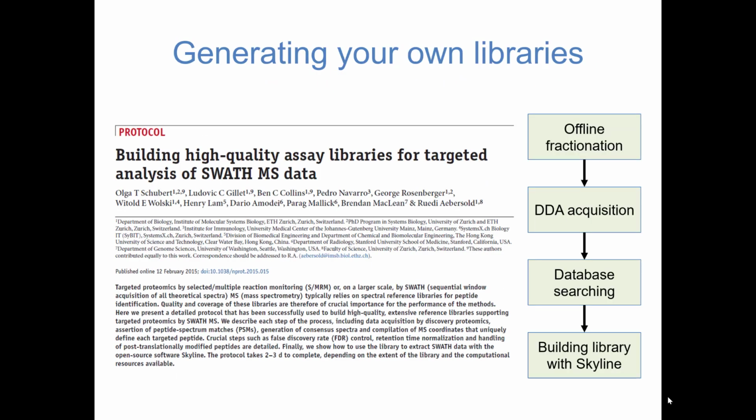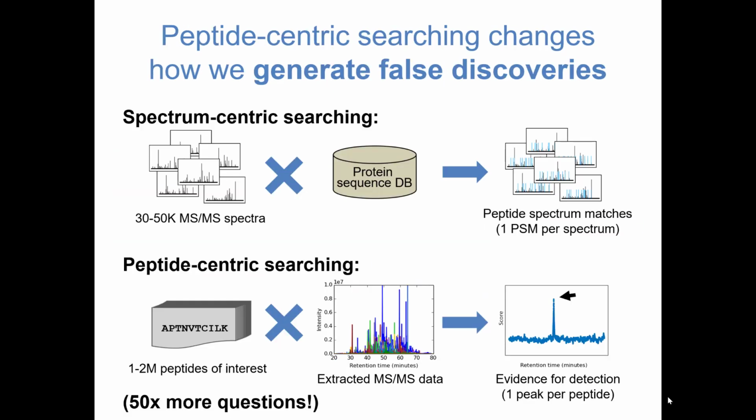One more thing I'm realizing as we're showing this, especially in the context of the question of whether you should search a bigger space, and isn't that problematic for spectrum-centric DIA searching? An important thing to remember about spectrum-centric searching is that when we assign a spectrum to one thing, that excludes it from everything else.